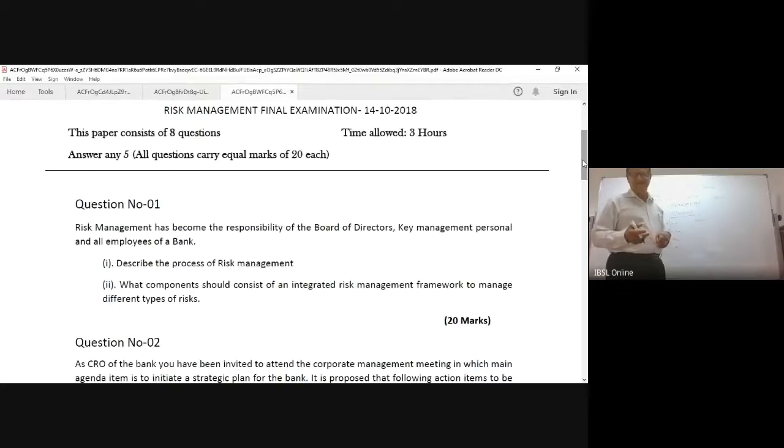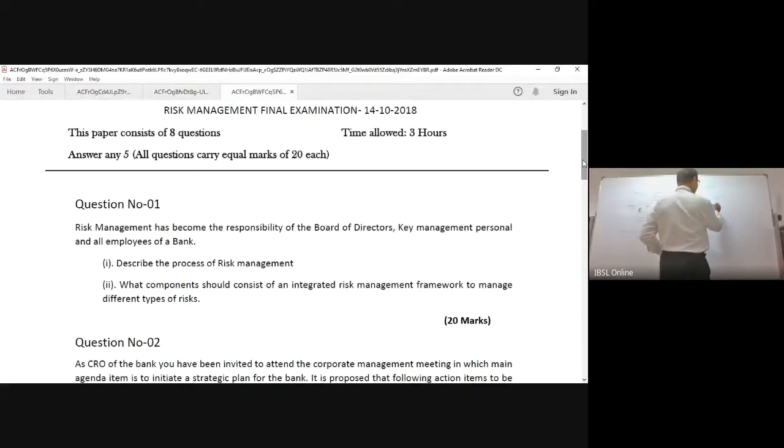We discussed this framework in great detail, and I think I supplied you the direction issued by the Central Bank, direction number 7 of 2011. In that, we discussed IRM and what components it should have.